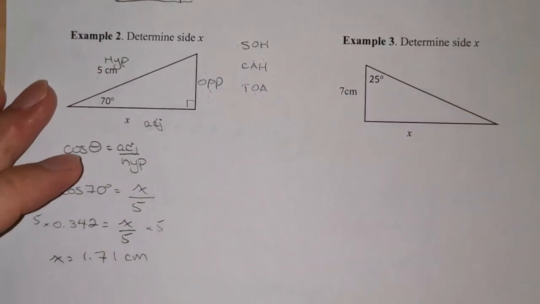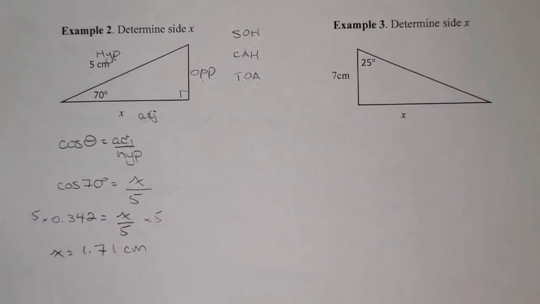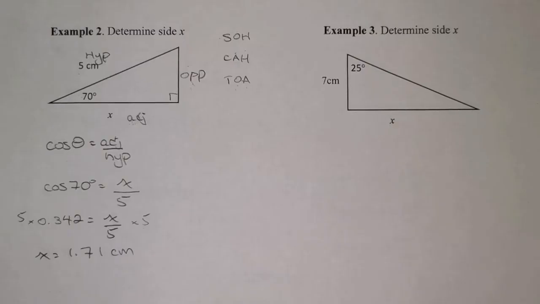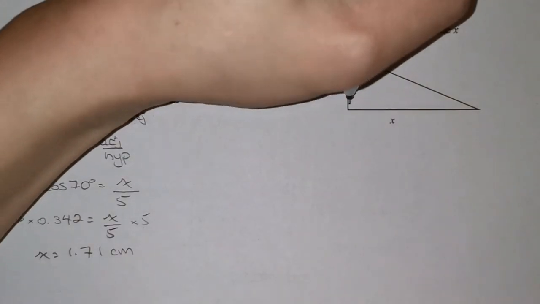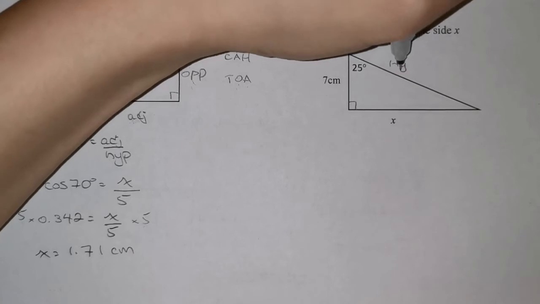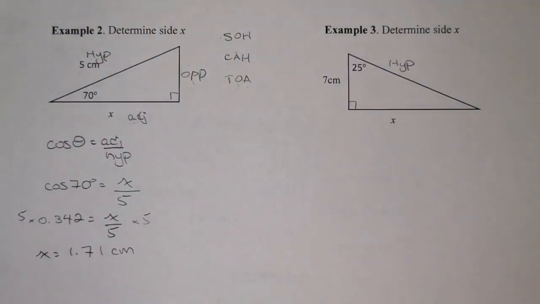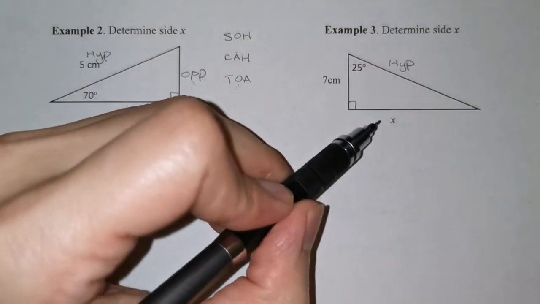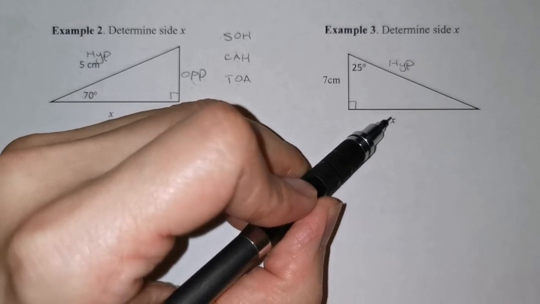Okay, let's take a look at question number 3. Question number 3, we want to find side x. So before we do anything, again, always label your sides. That's our 90 degree. This one is our hypotenuse. Then we want to figure out what side is side x.